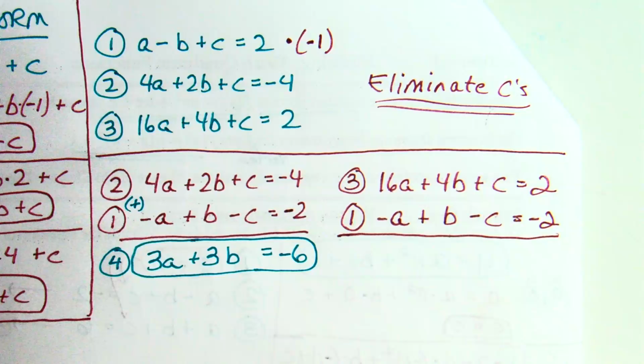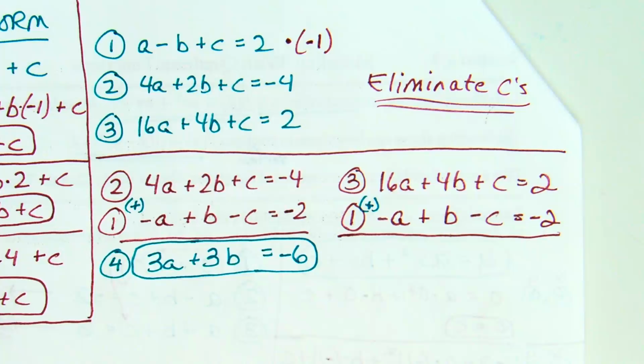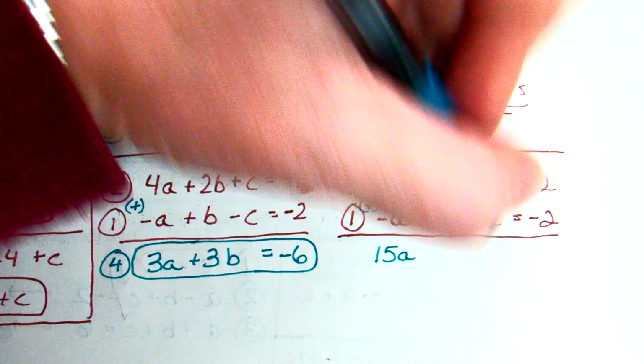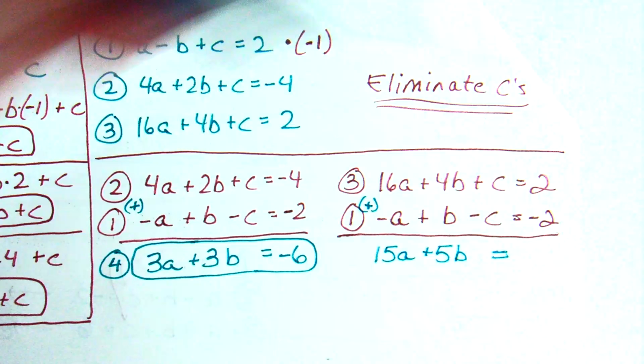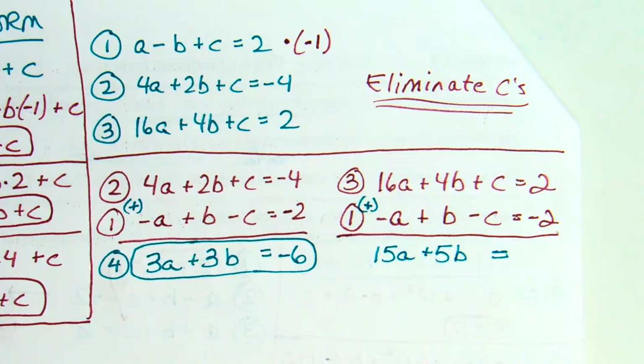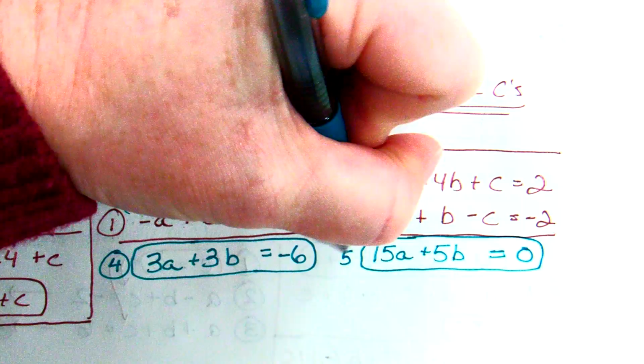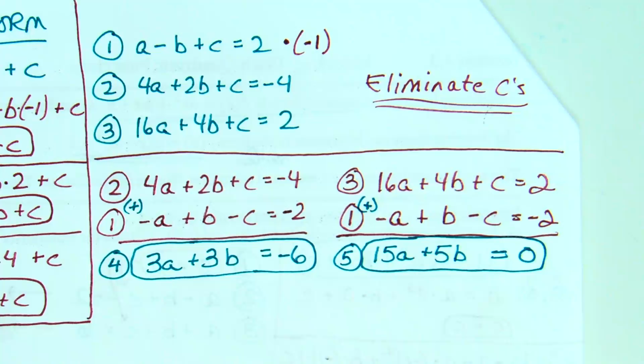My c's have opposite signs again. Again, I'm set up to add. 16a plus negative a, 15a. 4b plus b, 5b. C plus negative c, gone. 2 plus negative 2? 0. I'm going to call this equation 5.